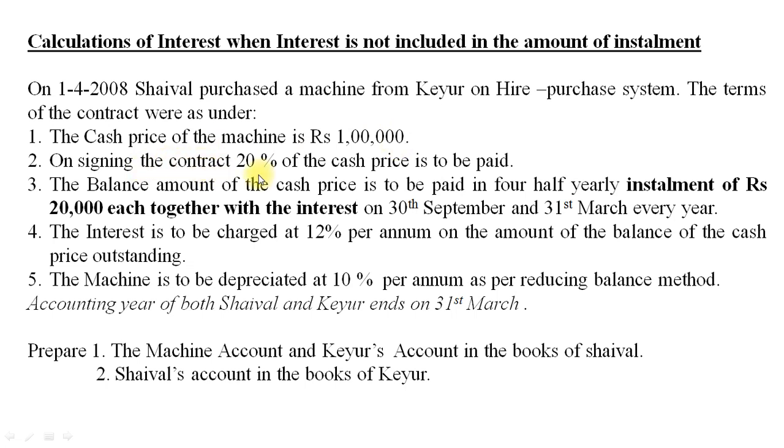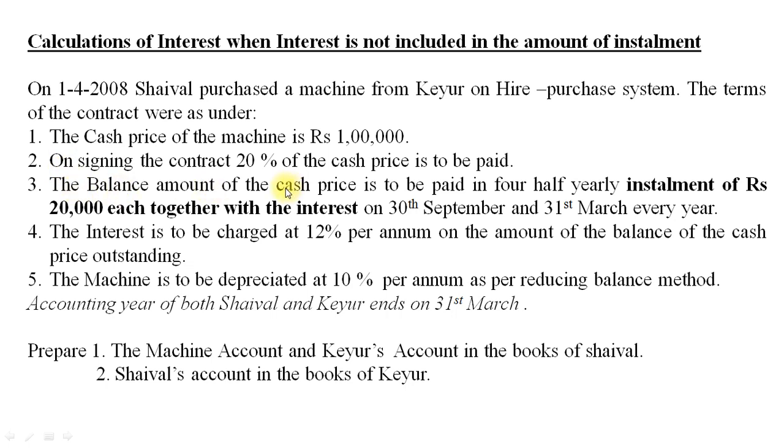And on signing the contract, 20% of the cash price is paid. So this is your down payment. So 1 lakh is your cash price, and 20% of it is paid at the time of signing the contract. So this 20% of 1 lakh comes to 20,000. So this 20,000 is your down payment.